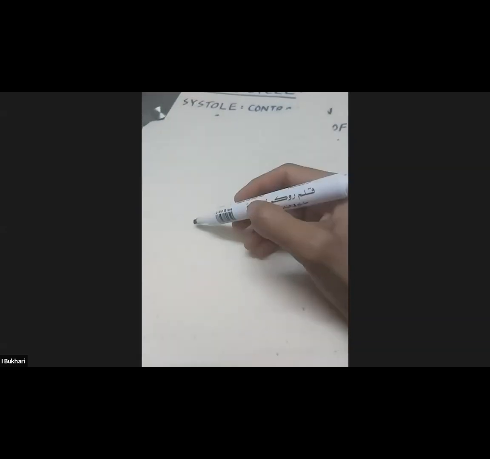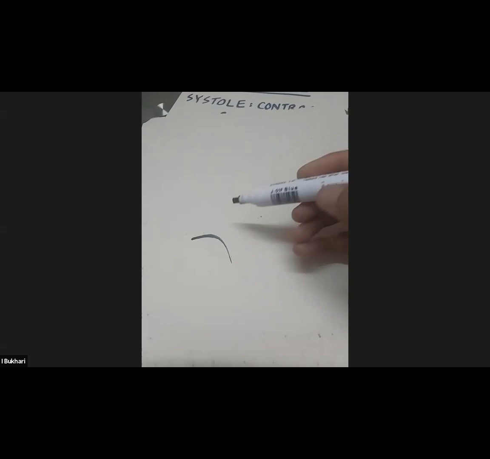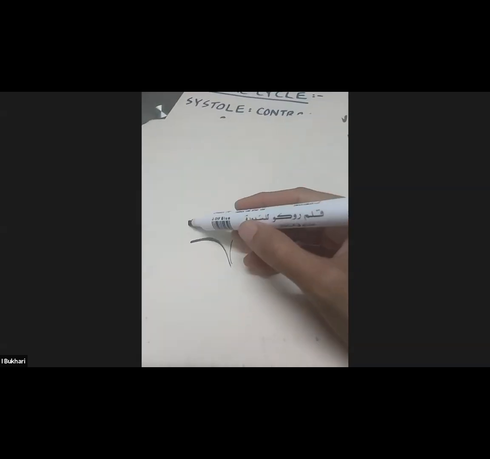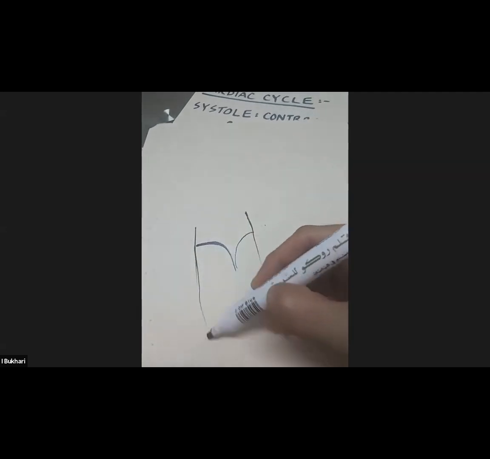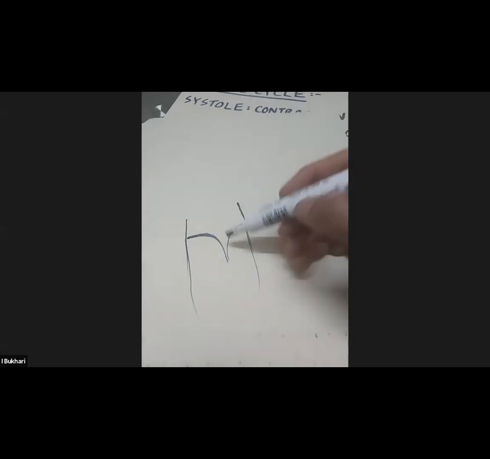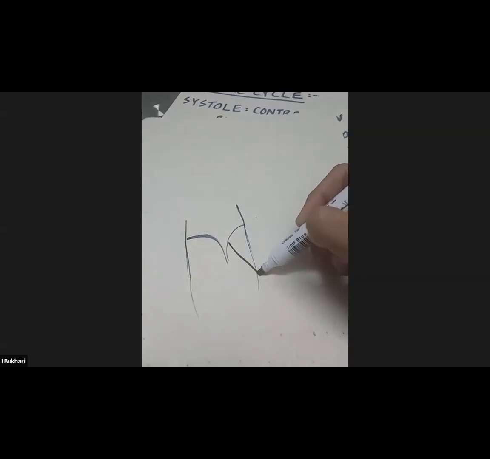Sorry about that. So, my pathetic drawing, but I have no other option, so bear with me. These are the valves. Just imagine that this is a heart. Now these are tendons.